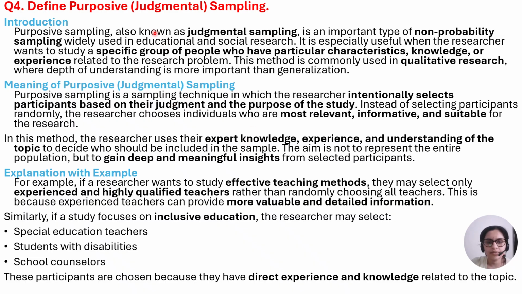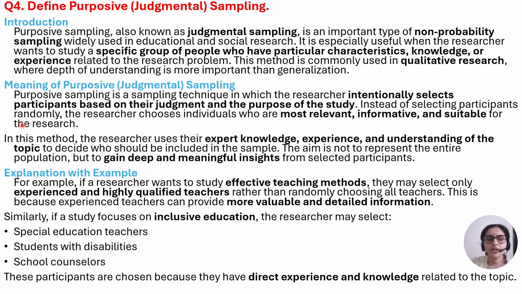Define purposive or judgmental sampling. Purposive sampling is also known as judgmental sampling, and it is an important type of non-probability sampling. This is a sampling technique in which the researcher intentionally, that is purposefully, selects participants based on his judgment and the purpose of the study.